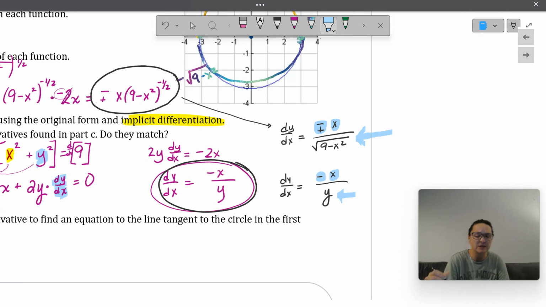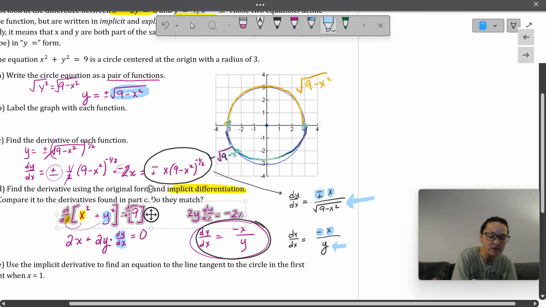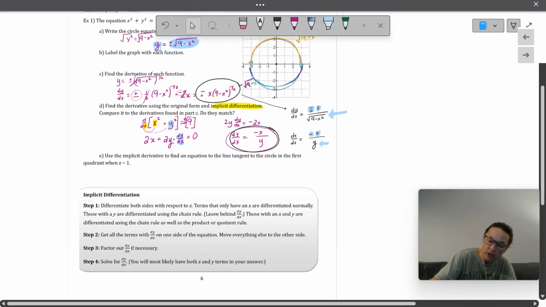This doesn't say y, or does it? If I zoom back out, isn't the square root of 9 minus x squared actually y? It is. Those are equivalent. It's just one has all x's because we could get y in terms of x, and the other one has x and y. So they are equivalent.